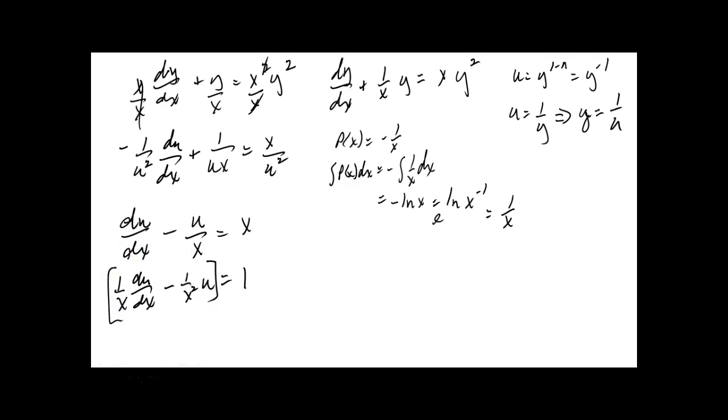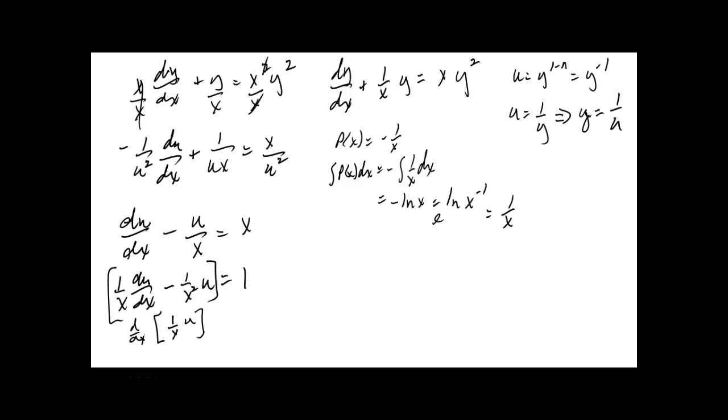Now, supposedly, this is the derivative of a square using the product rule. And what would that be? That would be d/dx of 1 over x times u. Let's make sure that's right. By the product rule, that would be 1 over x times du/dx, that part's right, plus the derivative of this, which would be minus x to the minus 2, times u.